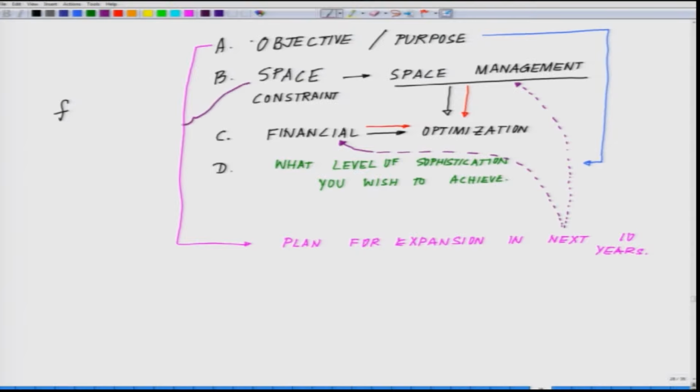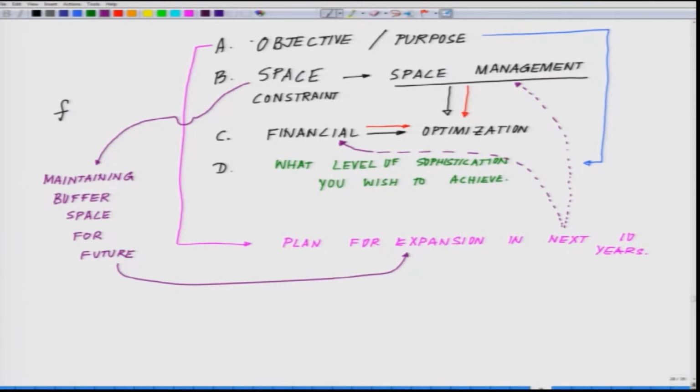Before you forget and I forget, I believe each one of us should keep in mind maintaining buffer space for future expansion.